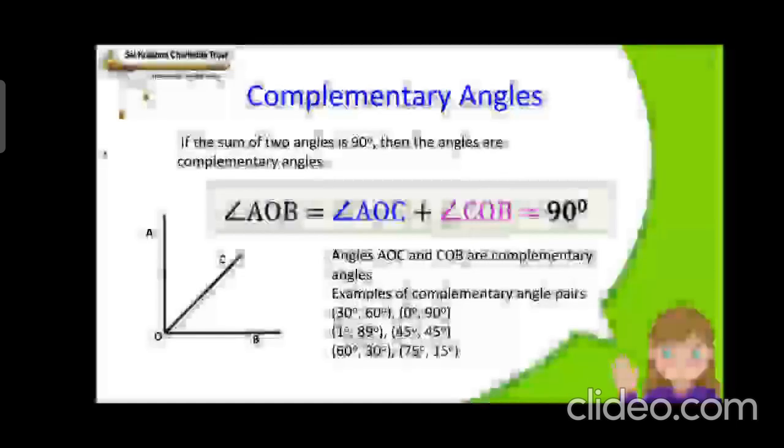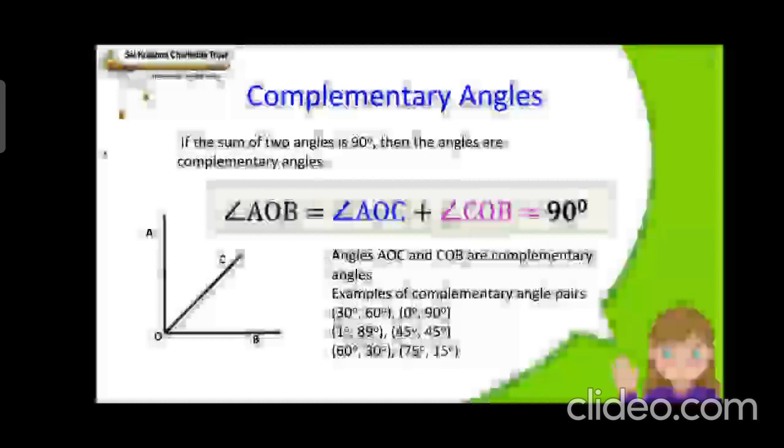Next comes complementary angles and supplementary angles. Complementary angles means when we add any two angles and if it is equal to 90 degrees, then it is called complementary angles. In this diagram, if AOC plus COB is equal to 90 degree, it means complementary. So if the sum of two angles is 90 degrees, then the angles are complementary angles.